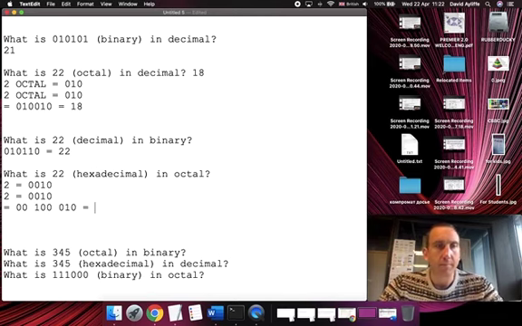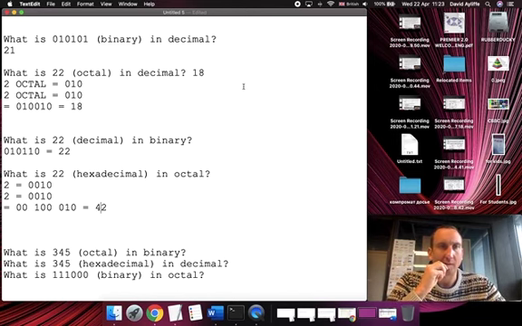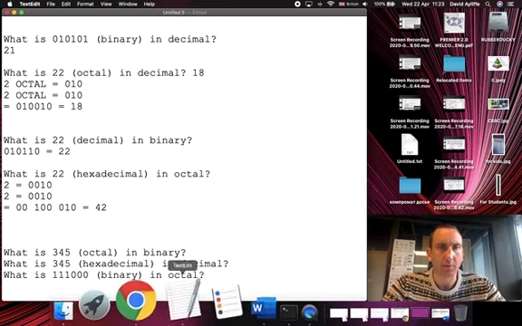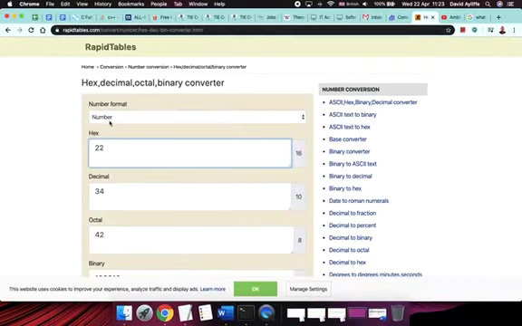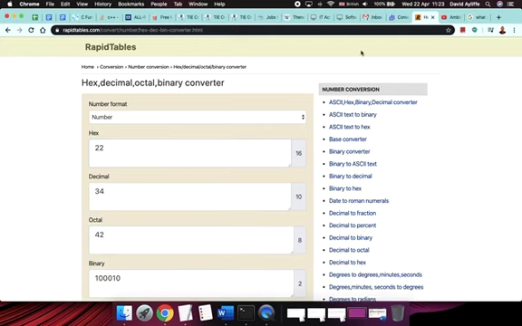So 0, 1, 0, we know it's 2. 1, 2, 4, 42. So 22 hexadecimal in octal is 42. Very good.